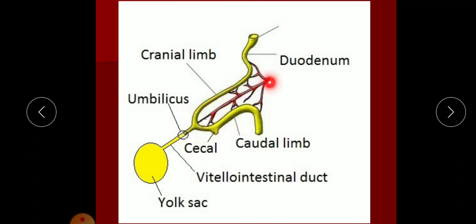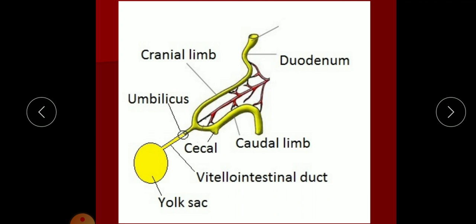So this is your superior mesenteric artery. Now what we do is we divide this midgut loop into prearterial, and this part is what is termed as postarterial. So this same midgut loop is now divided into this part termed as the prearterial, or otherwise termed as the cranial limb, and this is your postarterial limb or caudal limb.